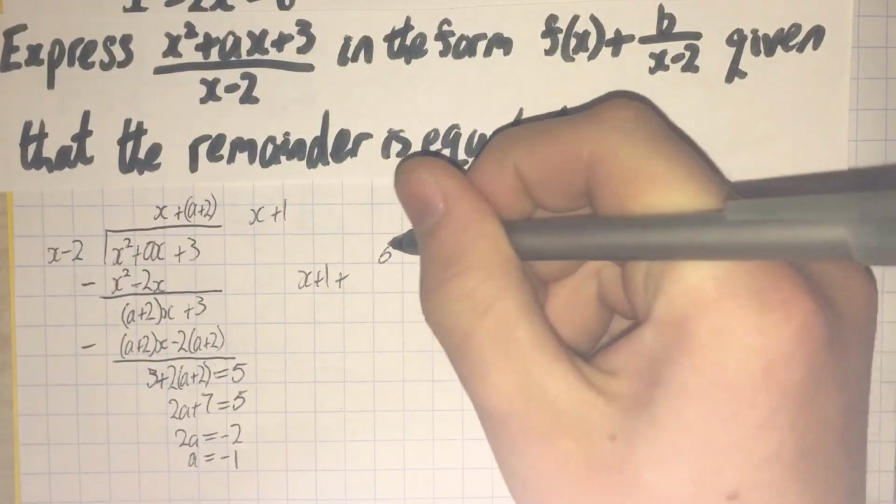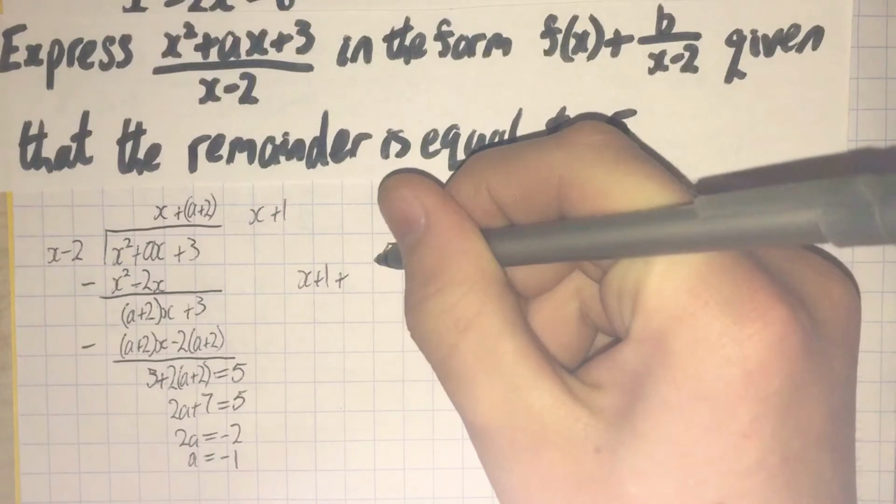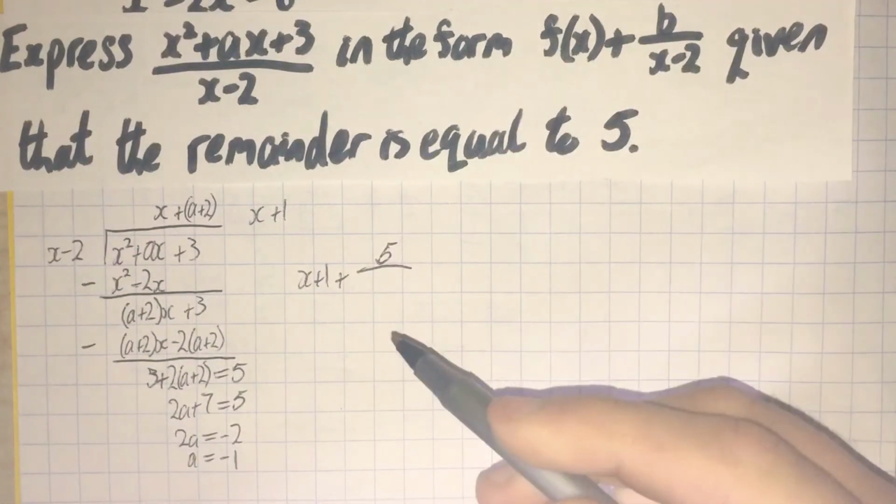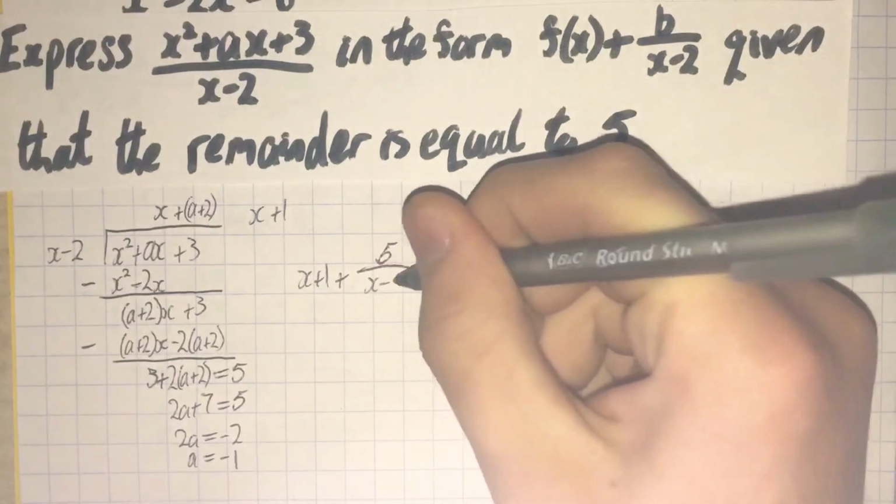Don't want to forget that, it's given in the question, all over what we were dividing by, which is x minus 2.